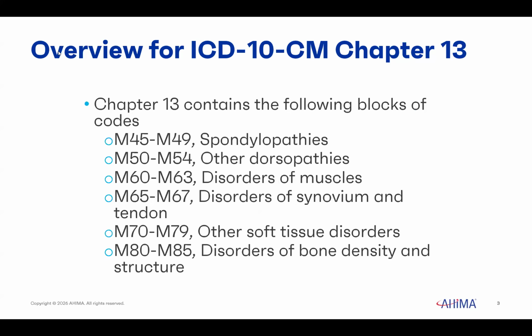And again, there's some more of these. You can see M45 through 49, spondylopathies, something I love saying on a weekend, and M60 through 63, disorders of the muscles, M65 through 67, diseases of the synovium and the tendon, and so on.